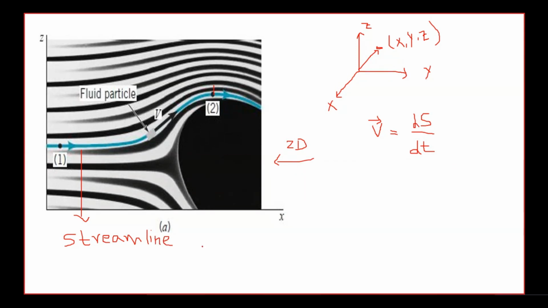Now the question may arise, what is steady flow? Steady flow is just like this. We assume this is a line and this is another line. This is point 1, this is point 2. Let's say there is a sensor here which measures temperature, T, and there is another sensor at point 2 that also measures temperature.